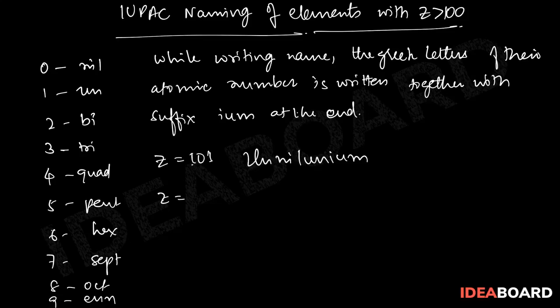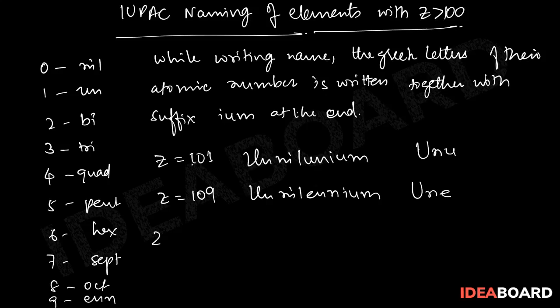Similarly, if Z is equal to 109, then it is un, nil, enn, ium. So these are the names. When it comes to symbols, we write only the first letter of each root. So U, n, u for un, nil, unium. That means it is 101. This is the symbol of the element with atomic number 101. Similarly, for 109, U, n, e.